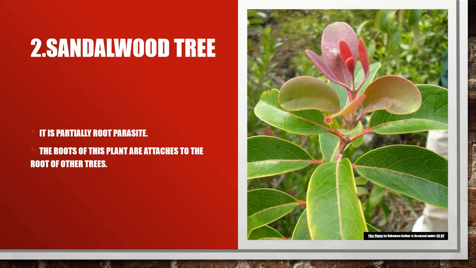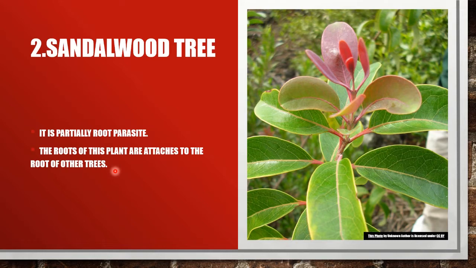Yes, it can make its own food, but some nutrients are also required for this tree. So it is partially able to make food and partially not. It is a partial root parasite, meaning its roots are attached to the roots of other trees to get their nutrition.